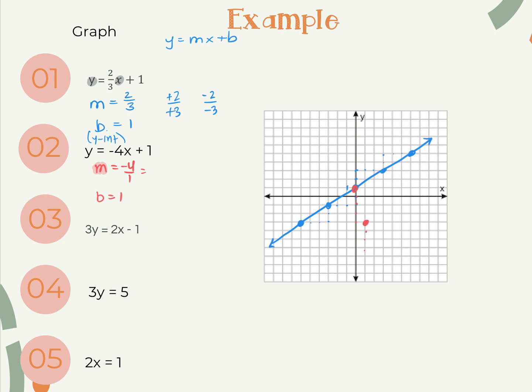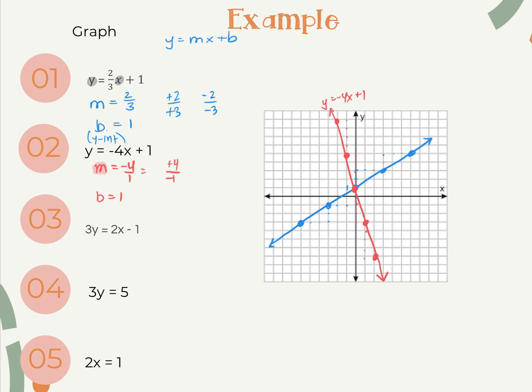Down 4 and positive 1 over. Or I could switch it and say it's plus 4 and a minus 1, so it's going to be up 4 and 1 back. Either way, notice that it's all on the same line, and once I graph a few points, I'm ready to graph my line. So this is y equals -4x plus 1.